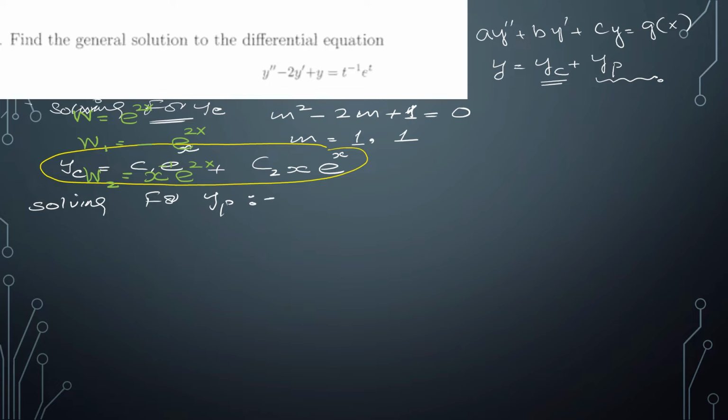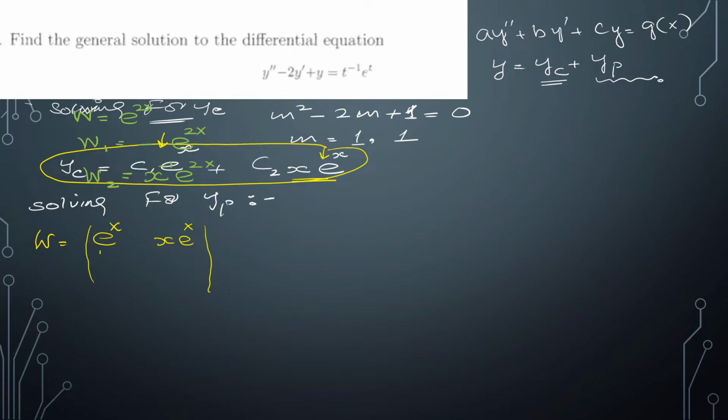For yp, first of all, write down the Wronskian. For the Wronskian, the first column is our y1, and our y1 is e to the power x, and in the second column it will be our y2, that is x e to the power of x. And in the second row, we will write the derivatives of the first row.